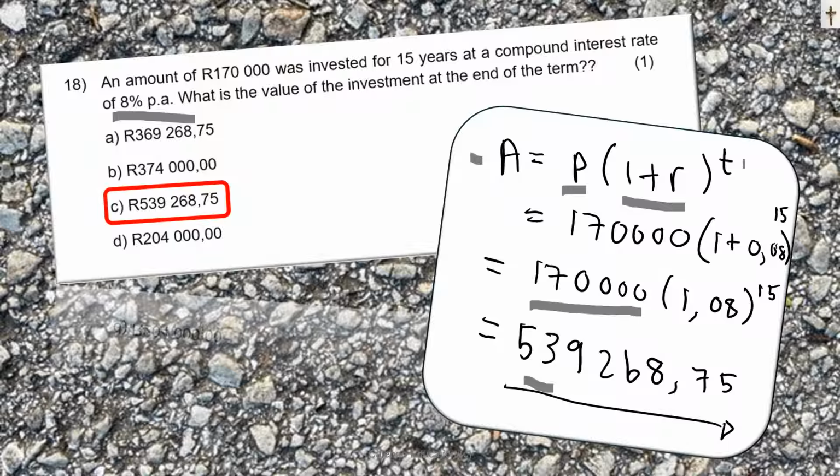539,268. You invested 170,000 for 15 years at 8% per annum. It's compounded nicely. That's what it's worth at the end of the 15 years. Amazing, that 170,000 grew that much. They might ask you, let's see in the next question, how much did it grow by?